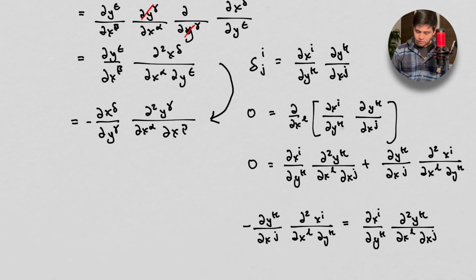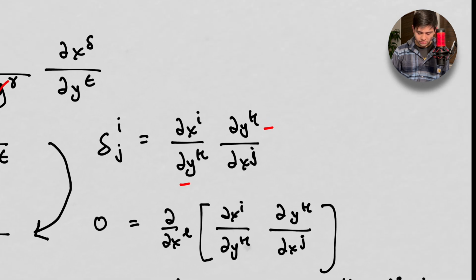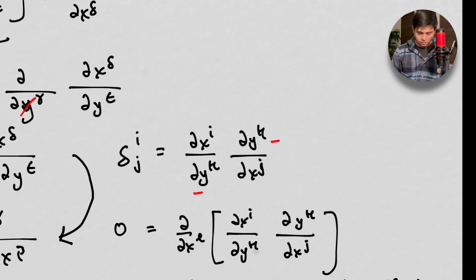Because if we say that this is equal to the Kronecker delta, xi, xj, yk, well, this is a sum over k, so this is going to be the Kronecker delta if i is equal to j. Because you can think of these as getting crossed out, right? You can think of these guys as getting, oh wait, my face might be in the way. But these guys are getting crossed out.